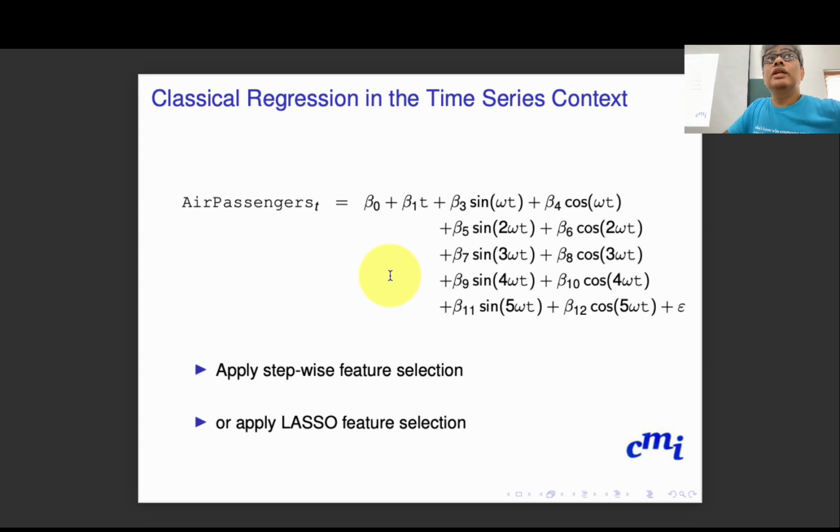Do you remember what elastic net is? So two questions. One is, can we apply it? And the second question, do we need to apply it? Think about it and come back to me next week.